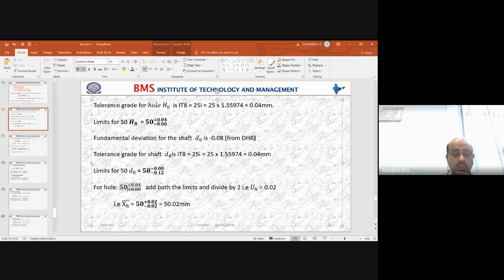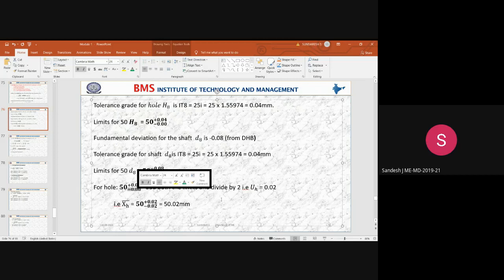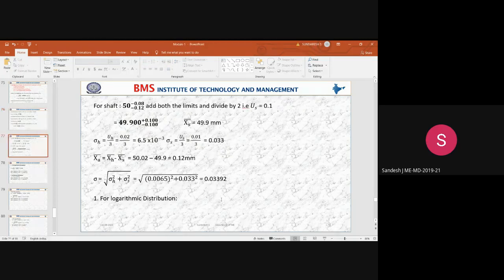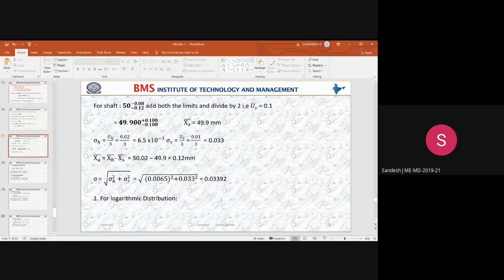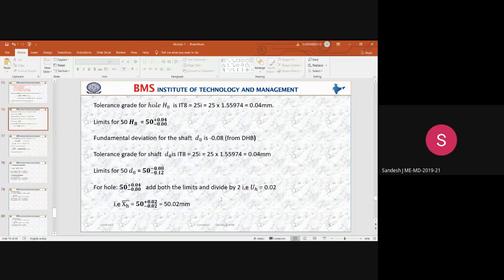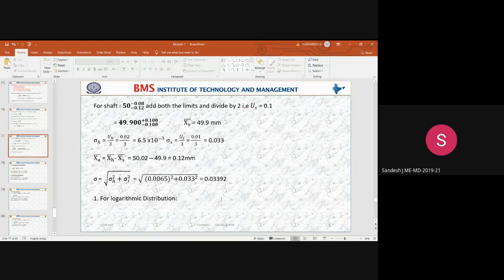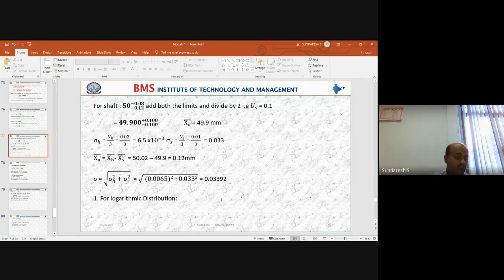Lower limit is 0, because fundamental deviation is 0, no? Next, similarly, calculate for the shaft.